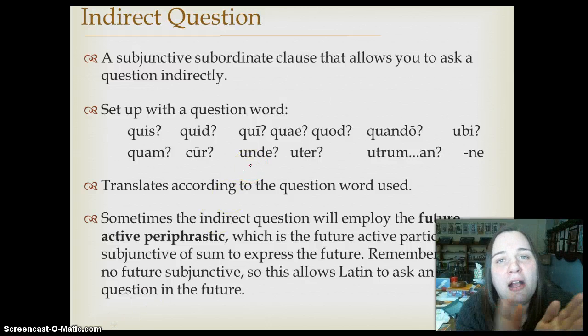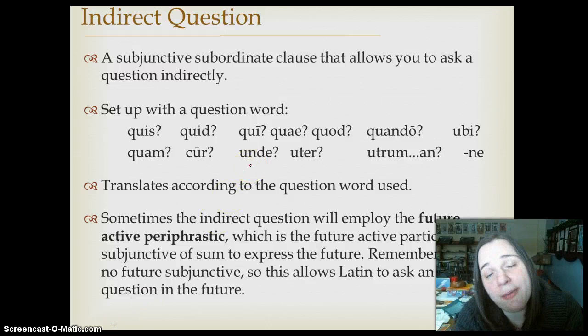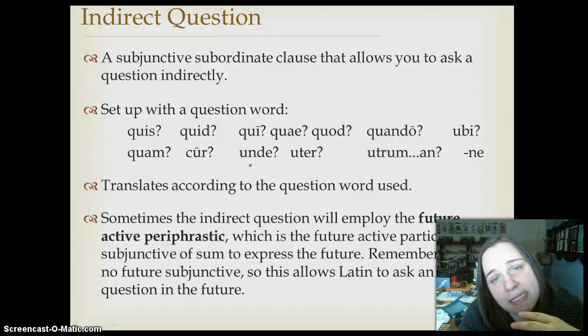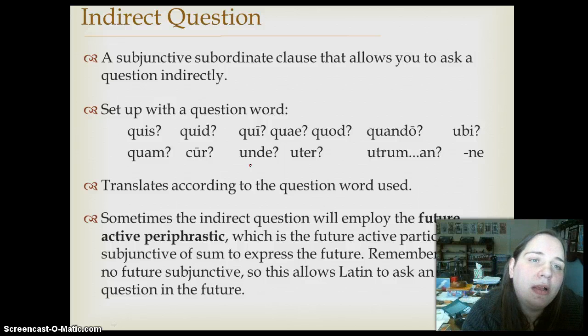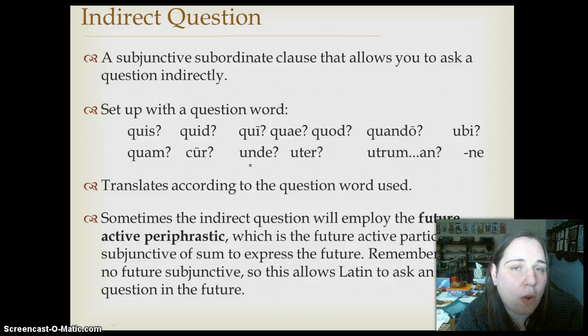All right. I also want to teach you guys about indirect question, and then we're going to look at a couple of sentences, and we're going to look at the sequence of tenses and indirect question at the same time, okay? Indirect question is another one of these subjunctive subordinate clauses. It allows you to ask a question indirectly, just like it sounds, right?